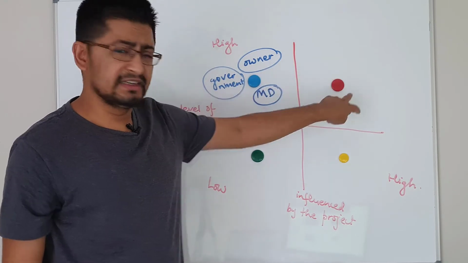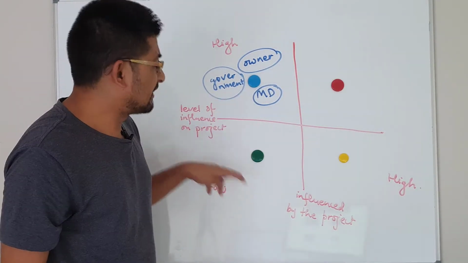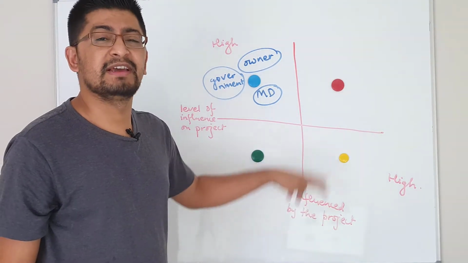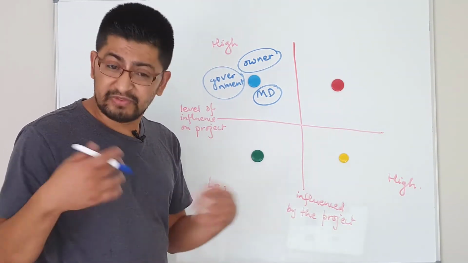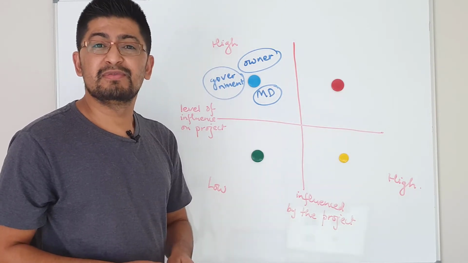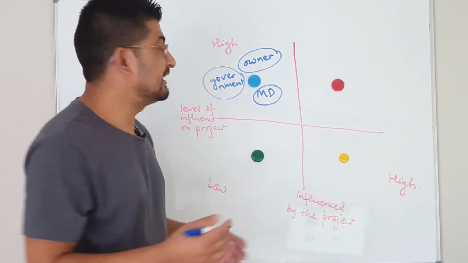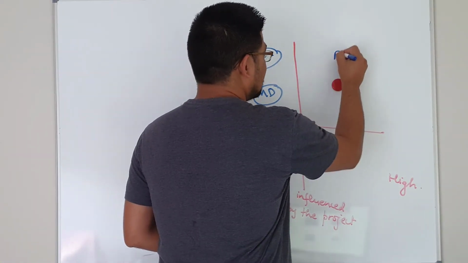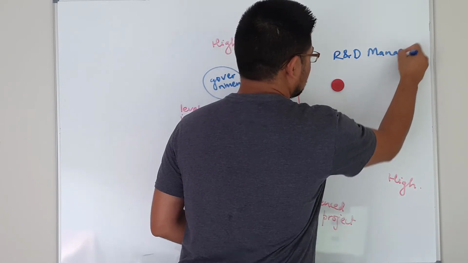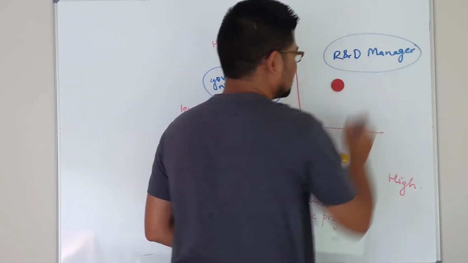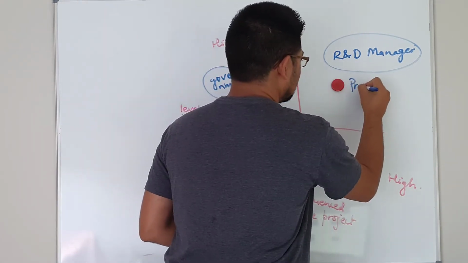And in this section, those stakeholders have high influence on the project and are also highly influenced by the project. They are the core project team. For example, if you are working in a food manufacturing company developing a new product, then let's say the R&D manager will be in this category, and also the production manager.